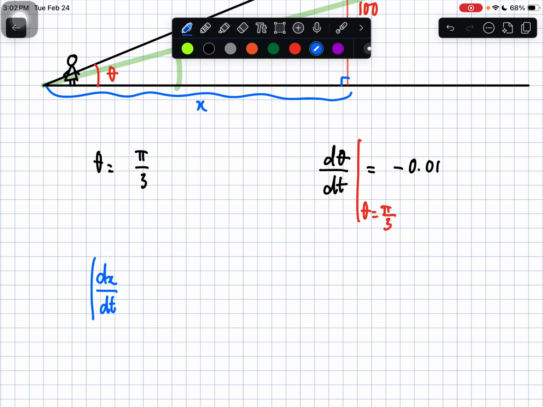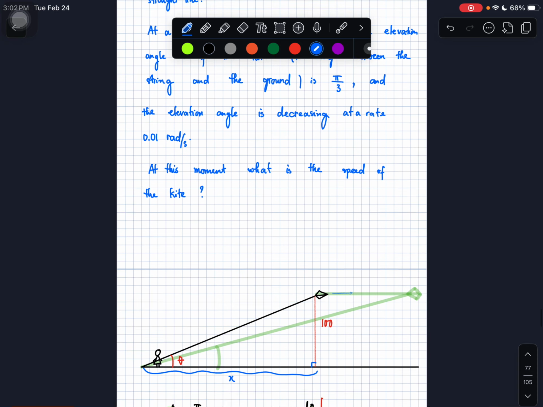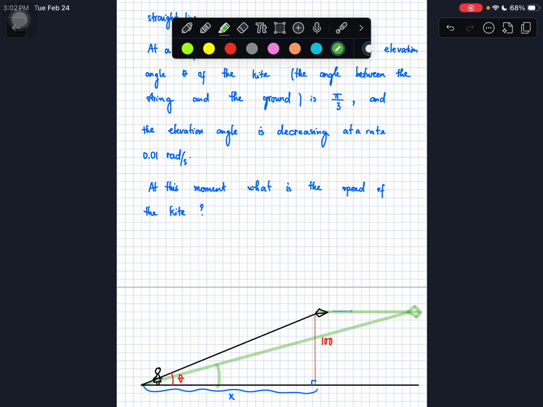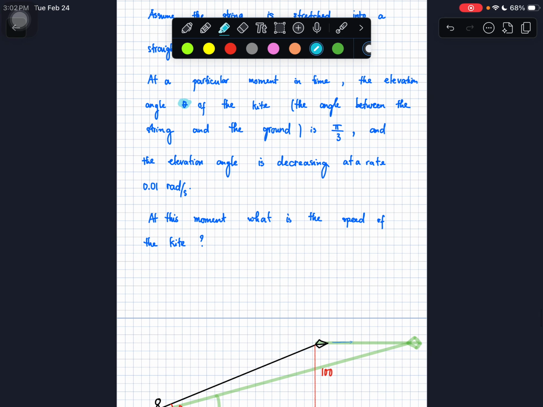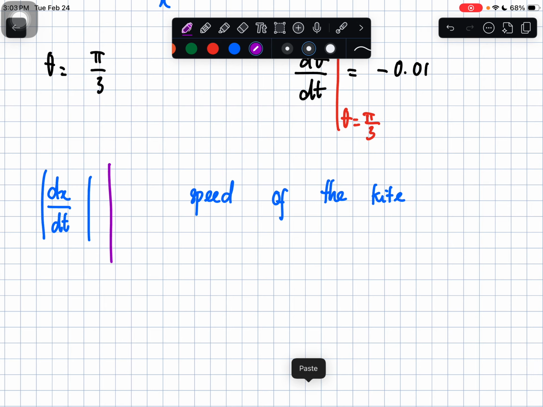To make sure it's the speed, I put the absolute value there, of the kite. We need to compute the speed at the time when the angle theta is pi over 3. So we compute that when theta equals pi over 3.